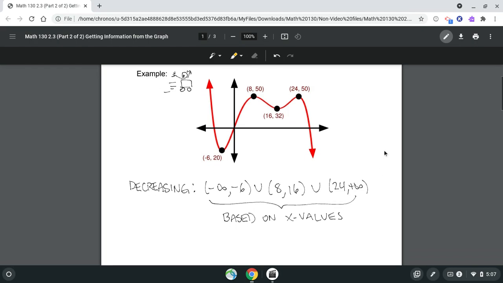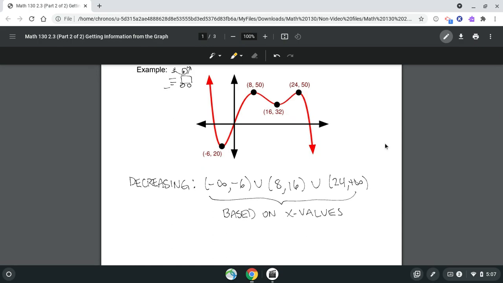Let's take a look at the intervals, also based on the x values, where you are going upward, increasing. You went down on the roller coaster, and now you're going up. You are going up on this interval right here, which is from -6 to +8.